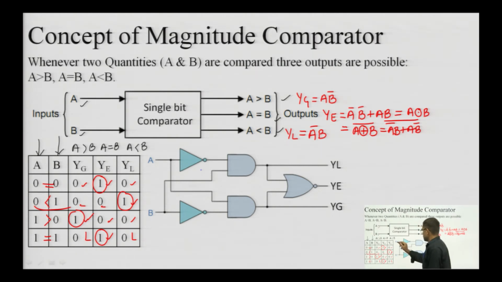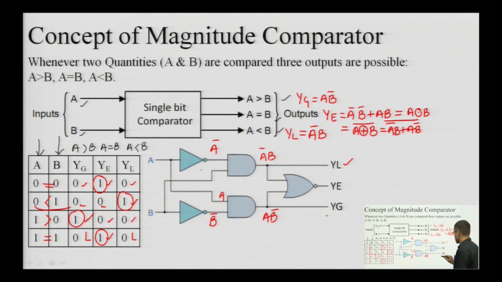So, we can see that this is a, so this will be a bar, this is b, so this will be b bar. So, a bar into b, this will be my a bar b. So, that is why this becomes my y l. Similarly, this can be seen as a and b bar. So, this will be a b bar, which is considered as y g as can be seen from this expression. Both these expressions, a bar b plus a b bar, are added and further a complement is there.